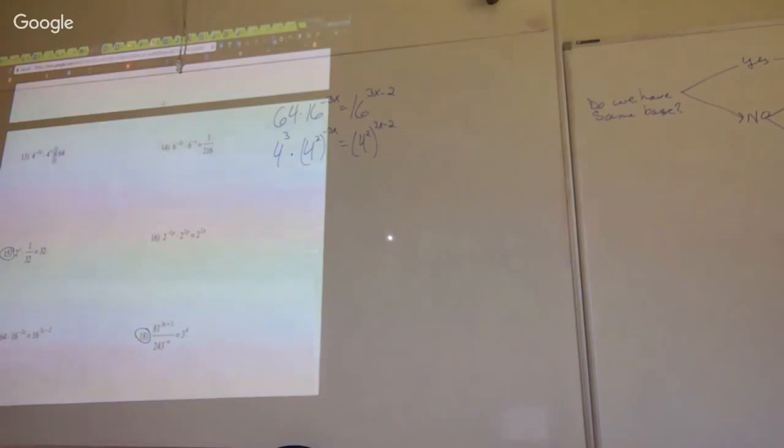You have to distribute. It is -1 distributed to 5, which is negative 5.